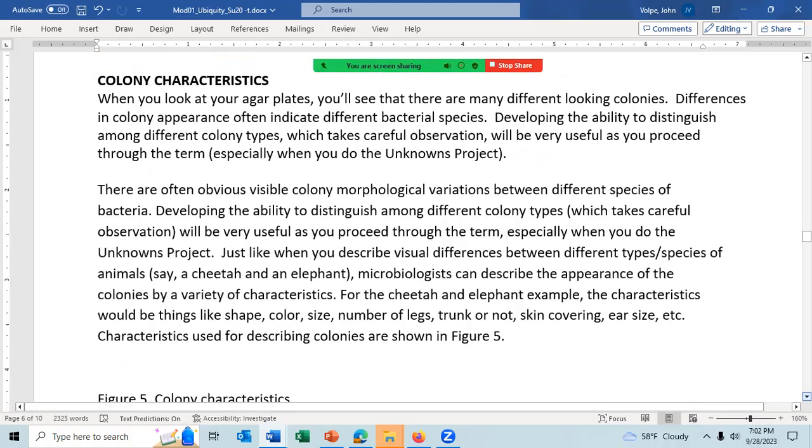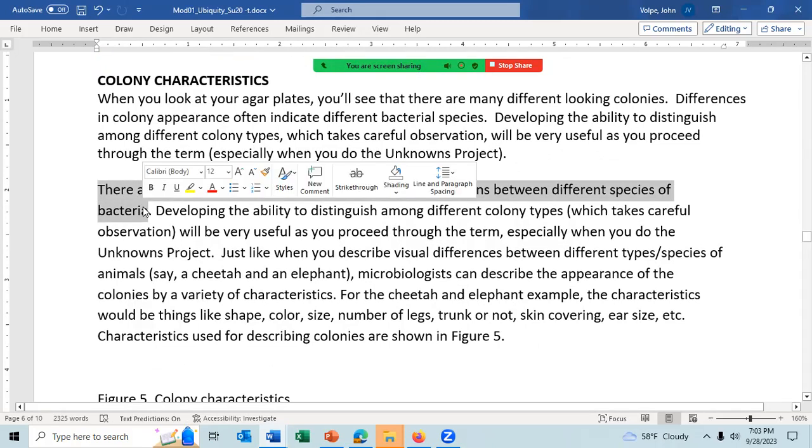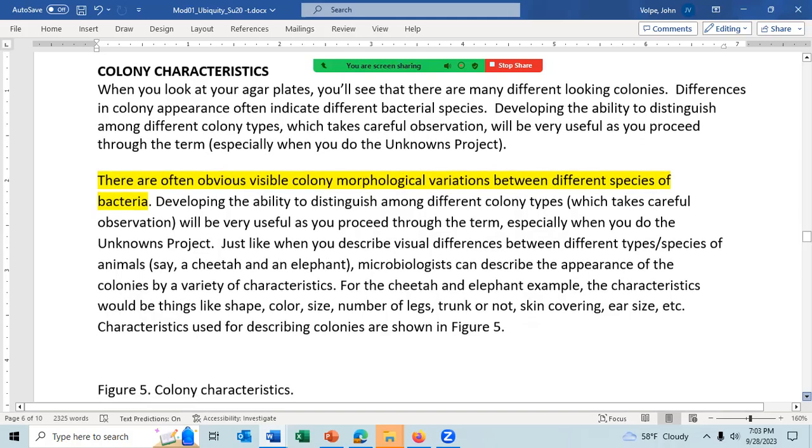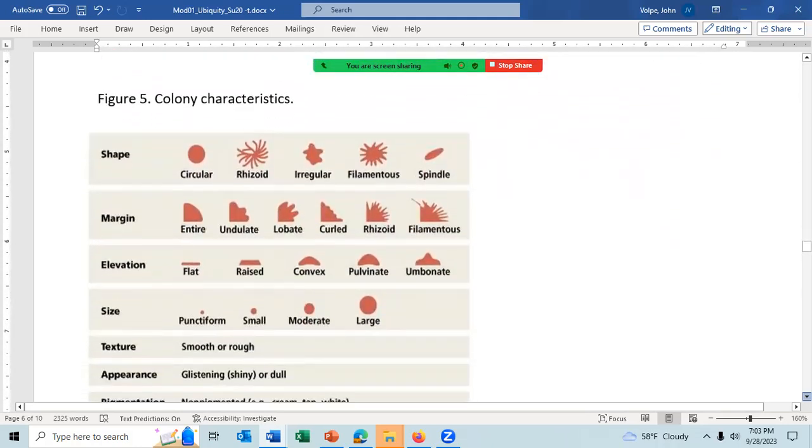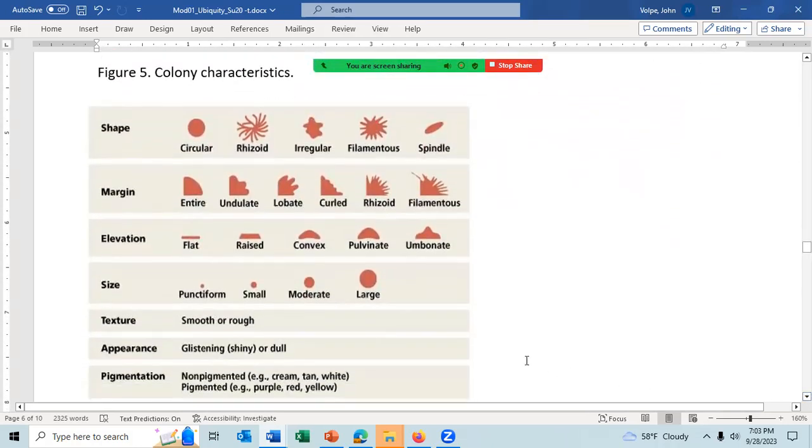All right, when you're looking at colonies, you can get some colony characteristics. That is the way that the colony looks. So often there are visible colony morphological variations between different species of bacteria. Some different colony characteristics would be colonies can have different shapes.